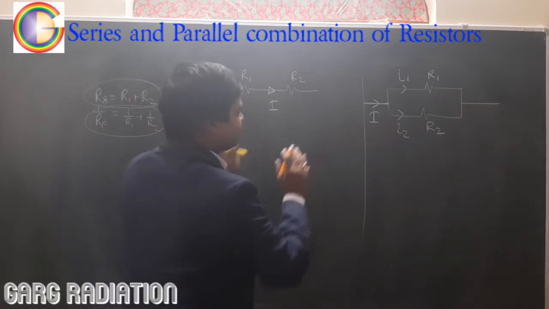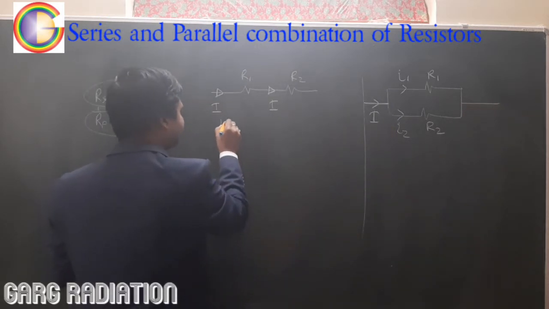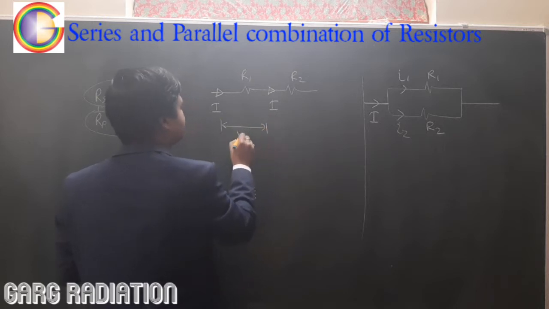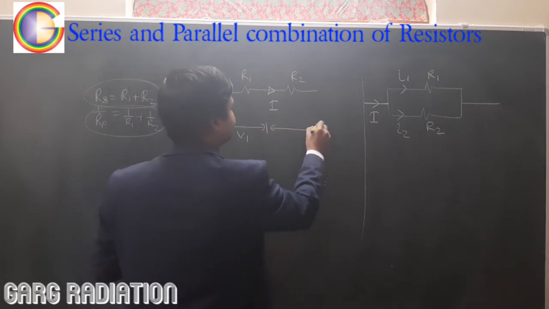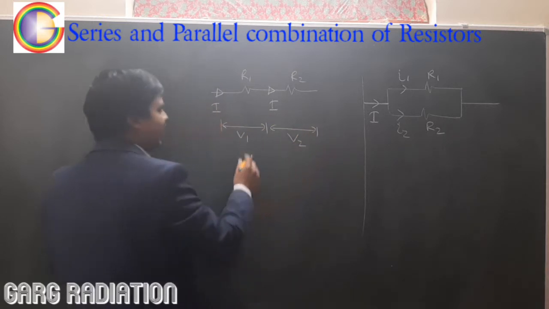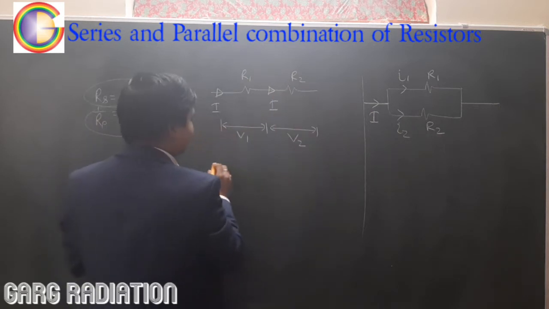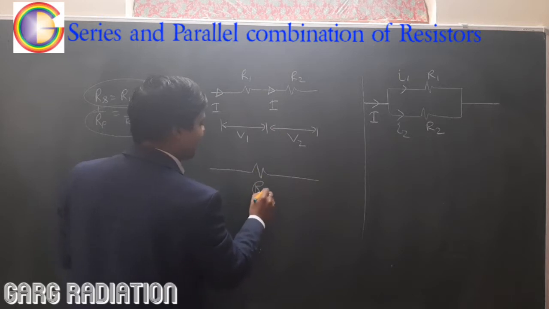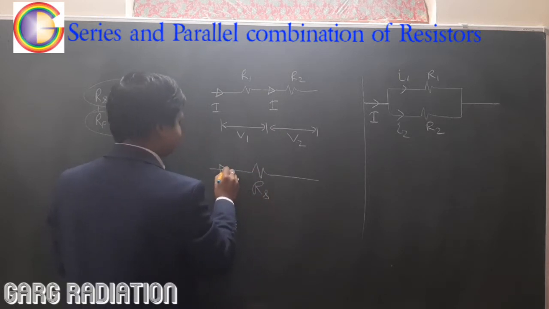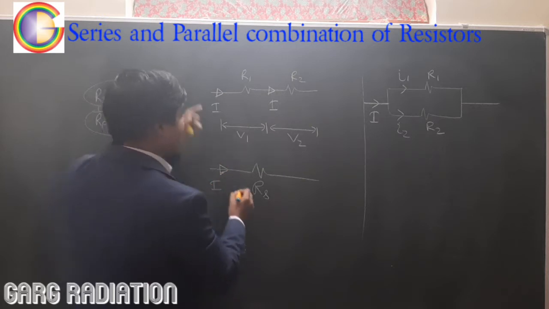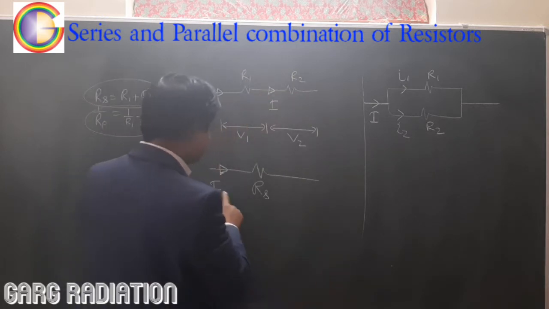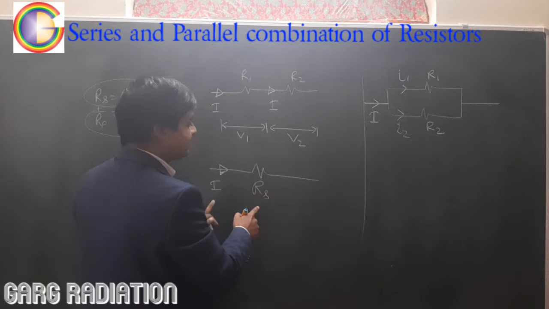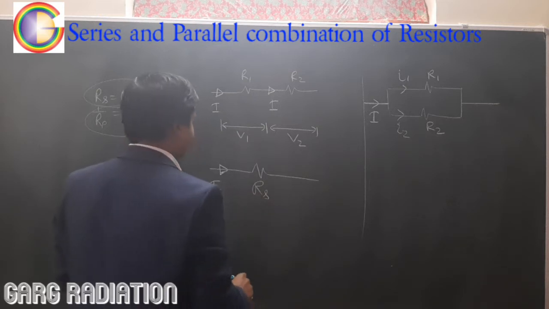So here in series, current does not get distributed, only voltage gets distributed. This is V1 and this is V2. If we find the R equivalent of these, suppose it is Rs, then the same current which goes through these will also go through this series equivalent.